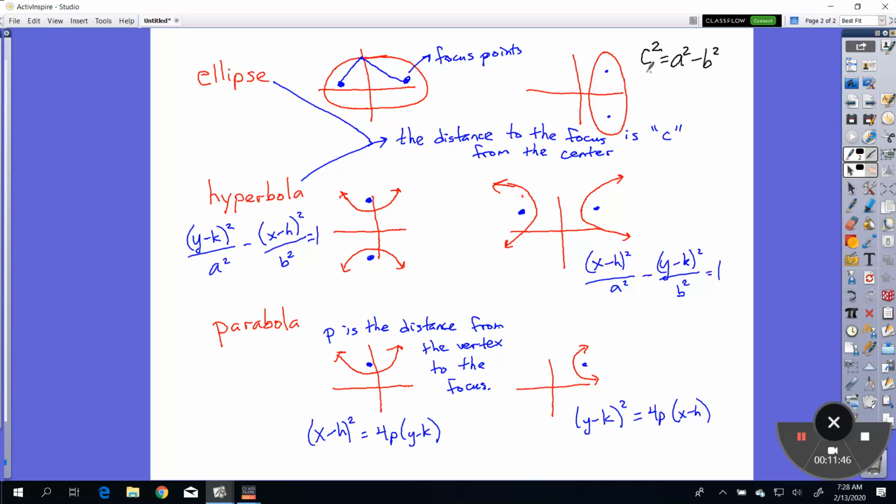So c squared equals a squared minus b squared. Don't worry, you're getting overloaded with a lot of information today. You should feel a little bit overwhelmed because there's a lot of information. We won't talk about asymptotes today, though. We'll hold off. So c squared equals a squared minus b squared.